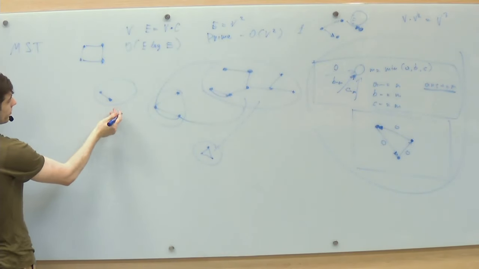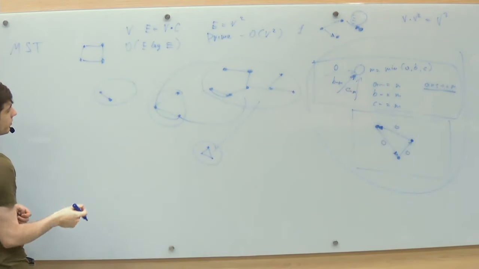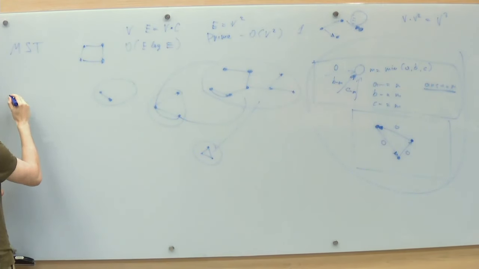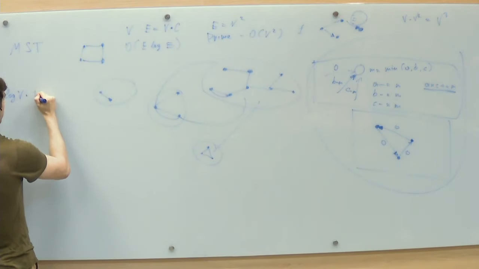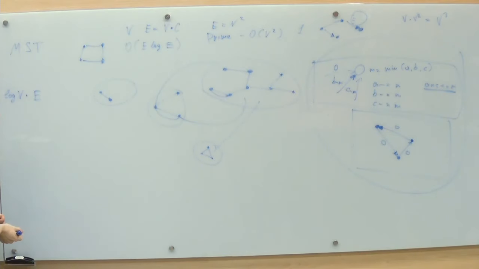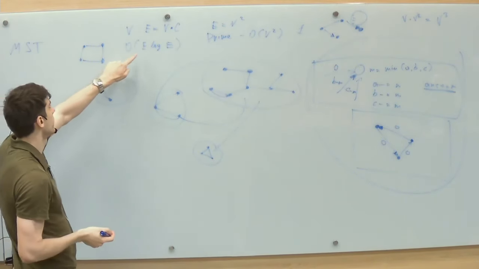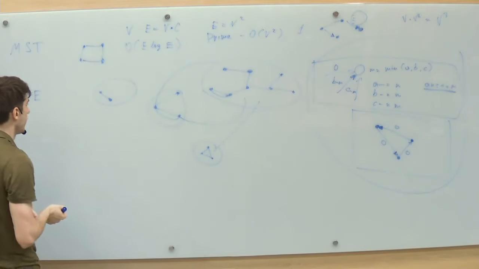Since we have proven that for each step the number of vertices reduces 2 times, we will have only log V iterations, and for every iteration we will have E, which is just for looking for the smallest edge for every vertex. So as you see, we already got a better asymptotics than Kruskal's algorithm, right?